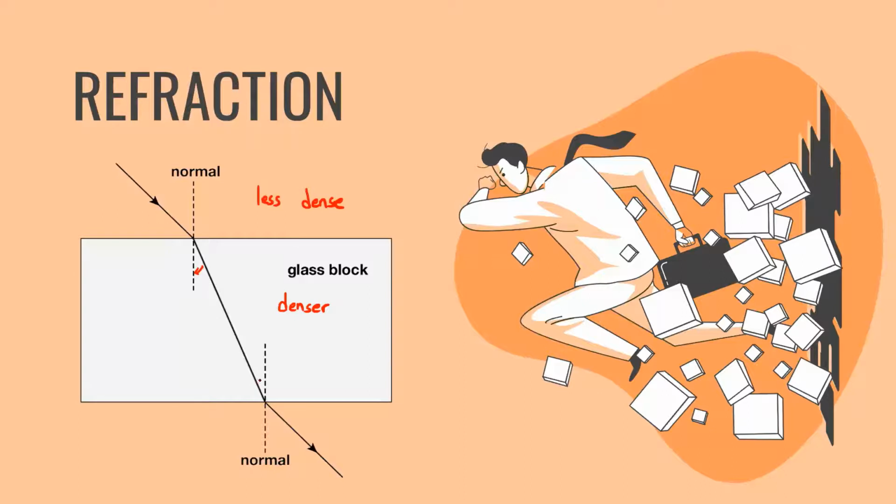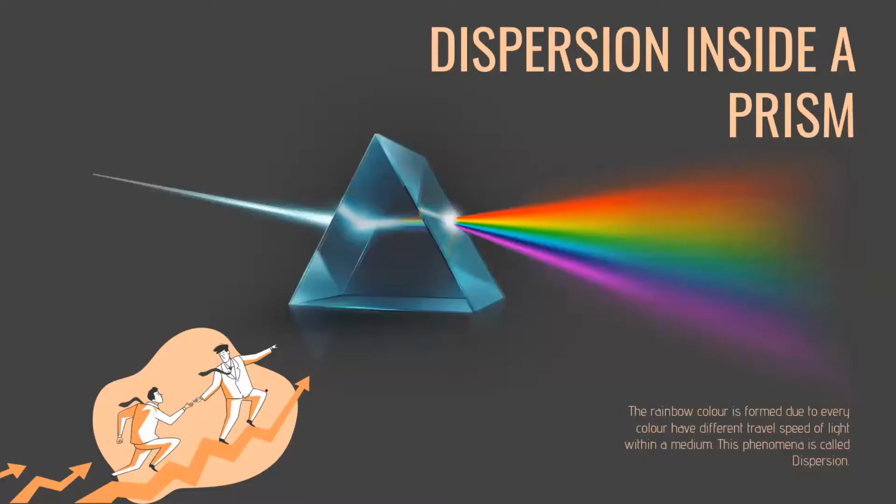While when the light ray comes from a denser medium to a less dense medium, the light ray bends away from the normal again. And this effect leads to the dispersion inside a prism.